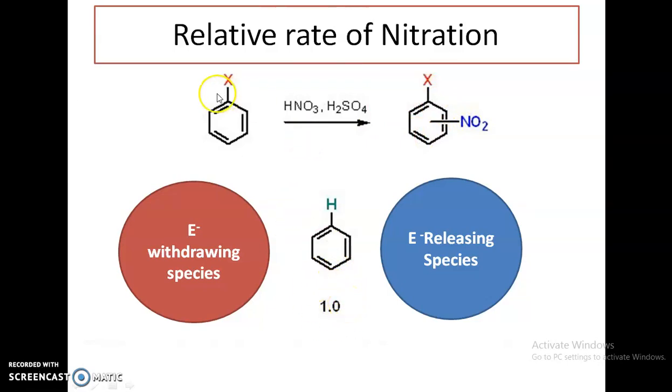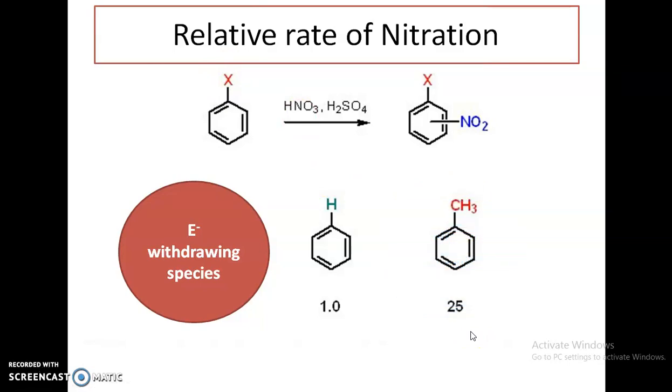But if I replace this X with an electron releasing CH3, then what will happen? The relative rate of nitration increases to 25. So it is a 25-fold increase in the rate of reaction due to an electron releasing or activating species.